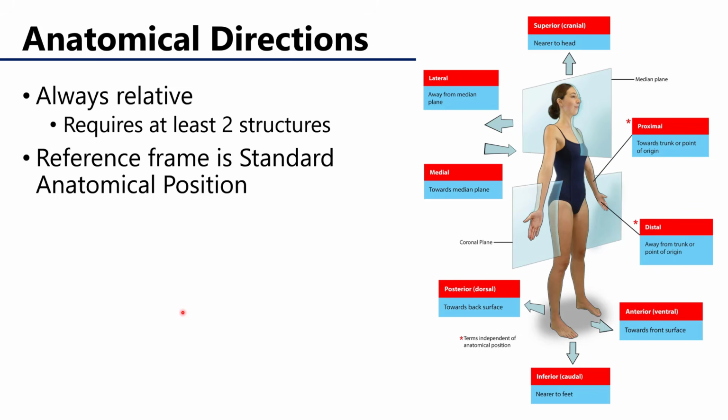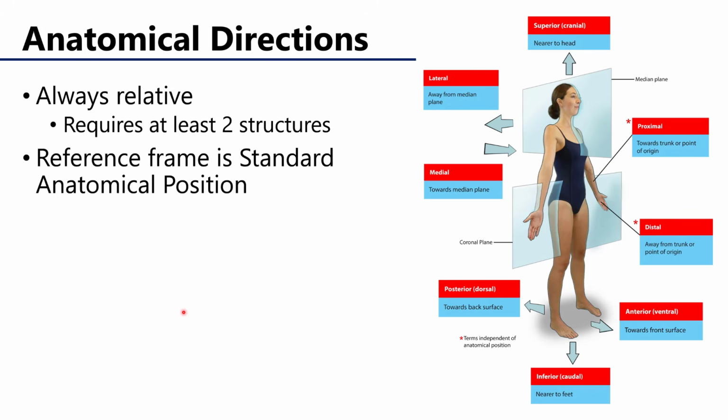To give you an example, with cardinal directions, you would never say Ann Arbor, Michigan is east. You might say Ann Arbor, Michigan is east of Chicago, or it's west of New York City. And likewise with anatomical directions, we would say that one structure is something relative to something else.